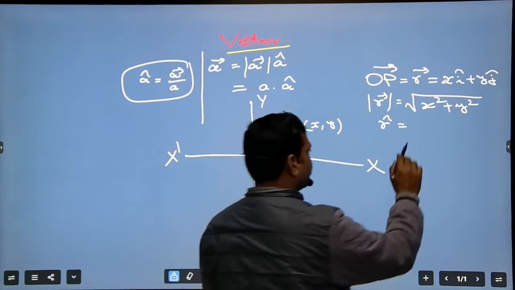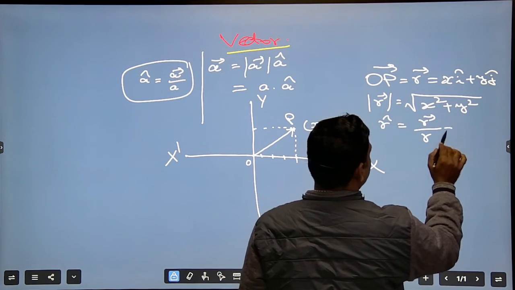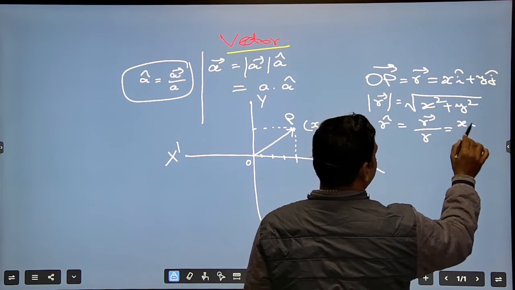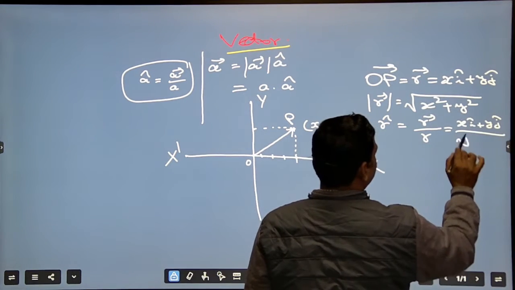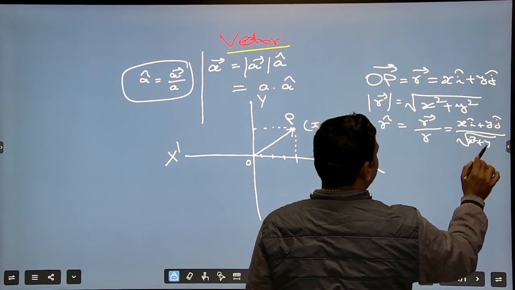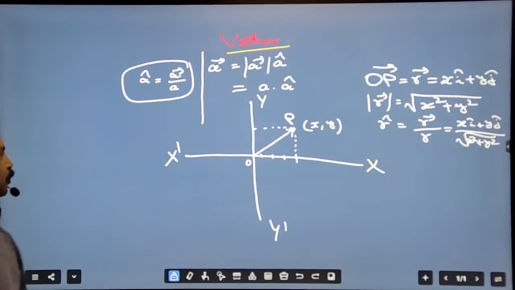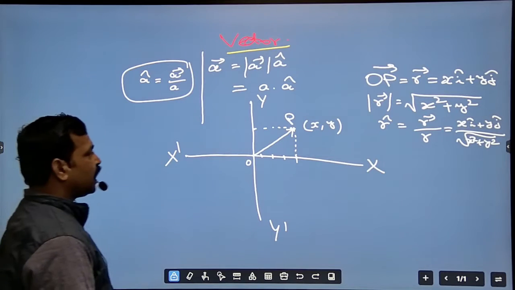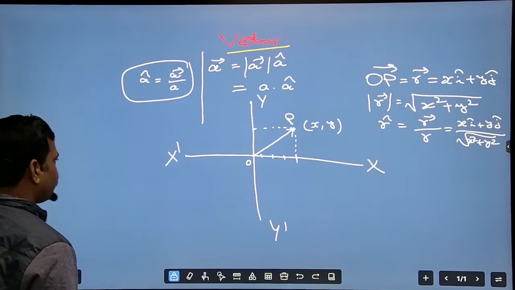So this will be your vector by magnitude. The vector is x i cap plus y j cap, and the magnitude is square root of x square plus y square. So in this format, if the coordinates are given, we can represent that in a vector graphically.